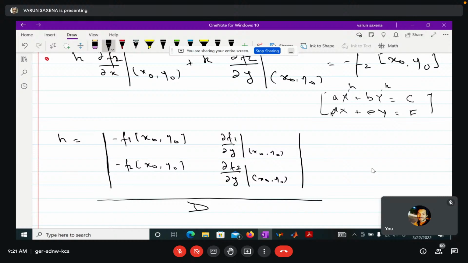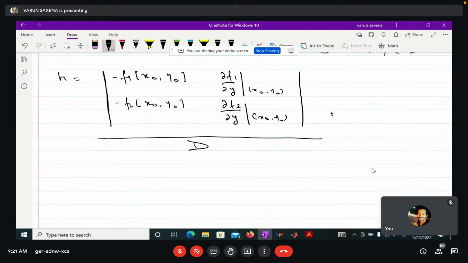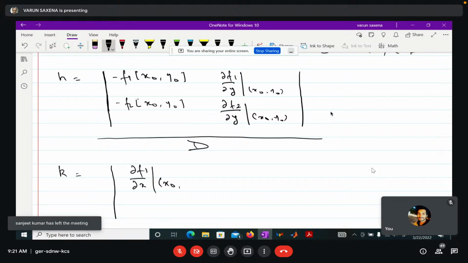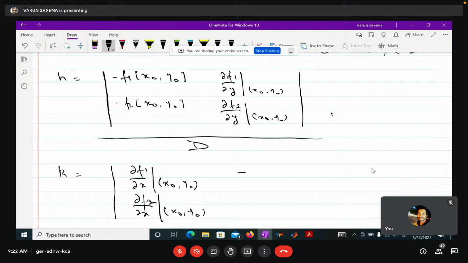I'll tell you what D is. So let me now write k. k is going to be del f1 over del x, del f2 over del x, evaluated at x naught y naught, f1 at x naught y naught, minus f2.